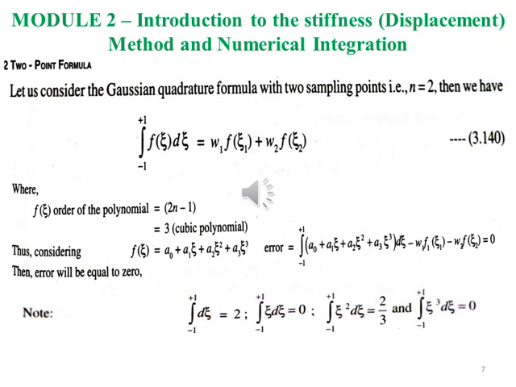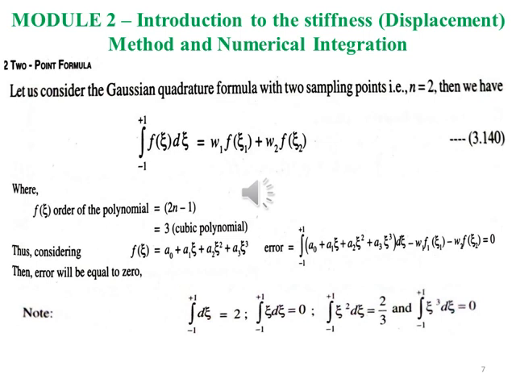Hence the error is represented as integrating from minus 1 to plus 1 a0 plus a1 z plus a2 z square plus a3 z cube dz minus w1 function of z1 minus w2 function of z2 should be equal to 0.